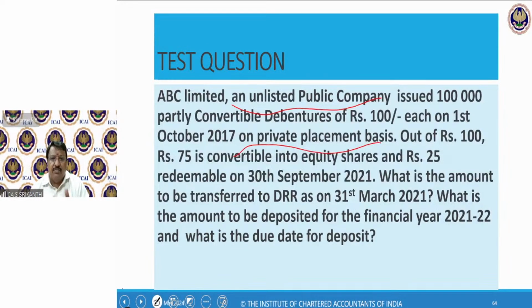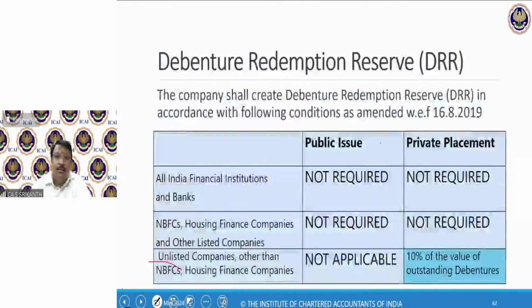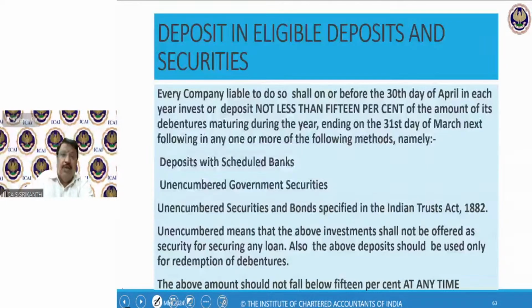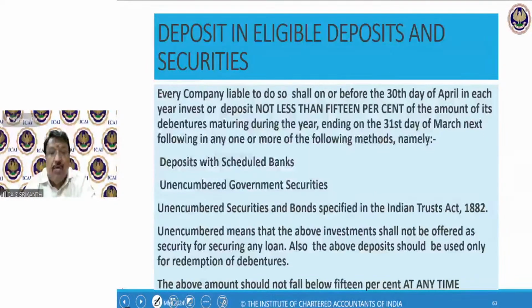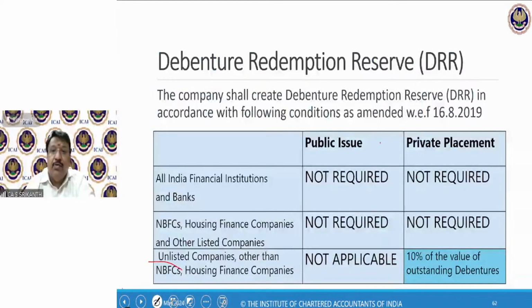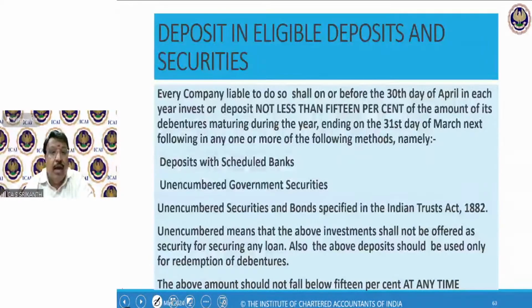I am there on 31st March 21. What is the amount to be transferred to DRR? 10% of the value of outstanding debentures as on 31/3/21 should be transferred to DRR. What is the amount outstanding? I have to transfer only to the extent of the non-convertible portion.